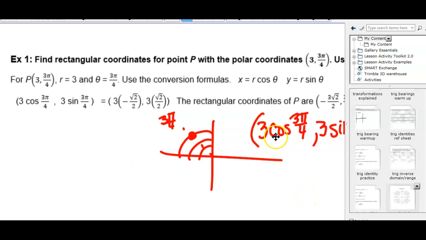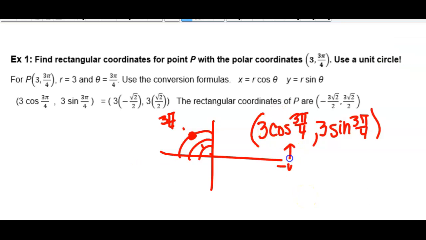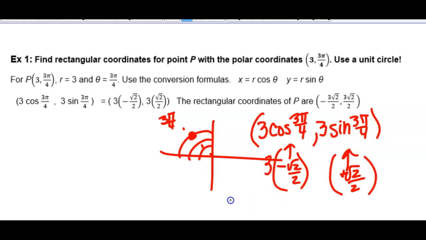This value is negative square root of 2 over 2, and this value is positive square root of 2 over 2. And you're supposed to multiply this by 3 and this by 3, and that'll give us our answer. So we get negative 3 square roots of 2 over 2, and this becomes positive 3 square roots of 2 over 2. All right, that was kind of messy.